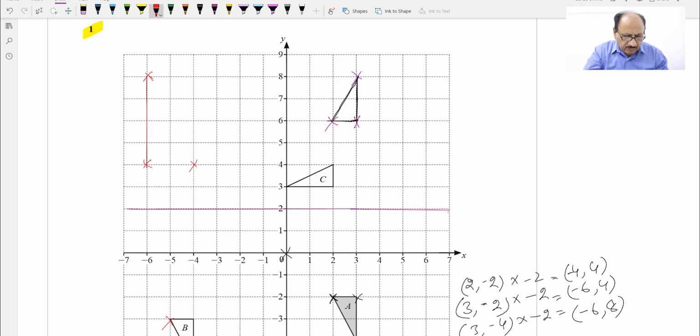This will be the triangle enlarged by scale factor -2, and this one is done.